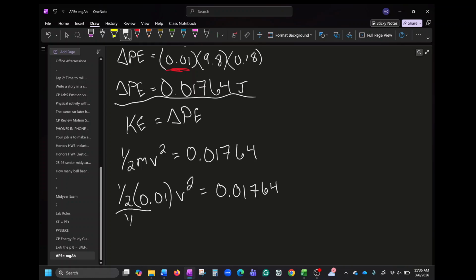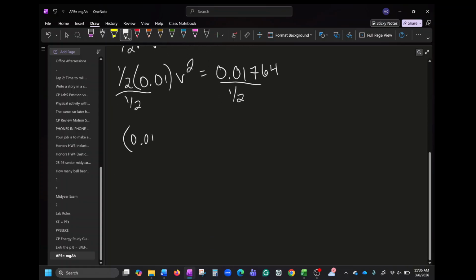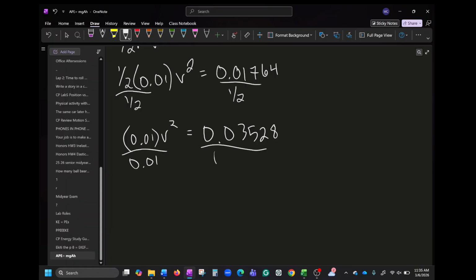We'll divide by 1/2, and that will get us to 0.01 v squared equals 0.03528. Divide by 0.01. That gives us a v squared of 3.528.